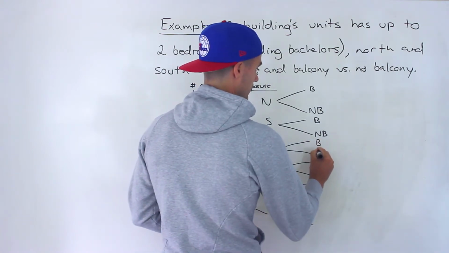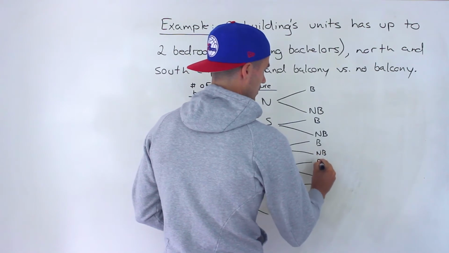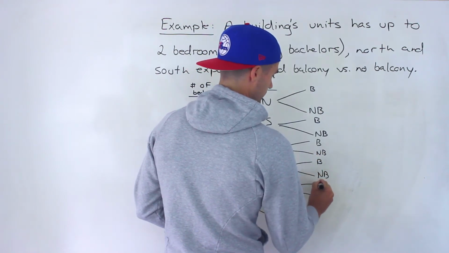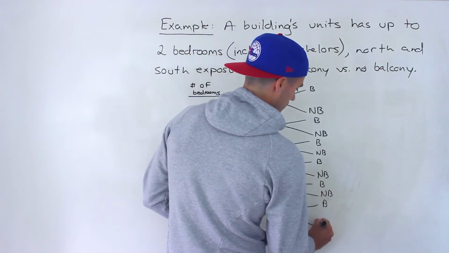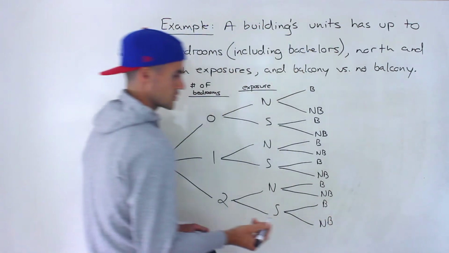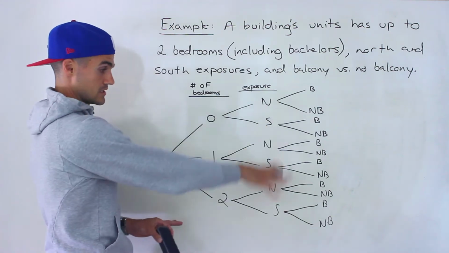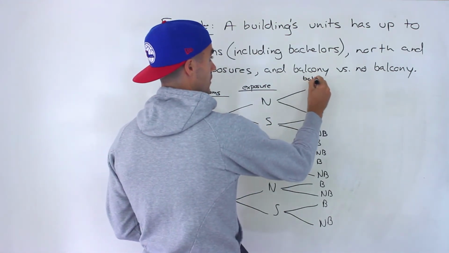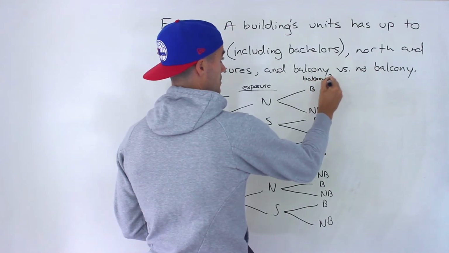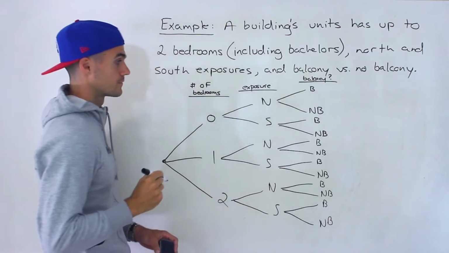So this would be balcony, no balcony, balcony, no balcony, and so on. Right, so with no restrictions like we have in number 2, this is going to be the tree diagram. So this third branch is going to be whether there's a balcony or not.